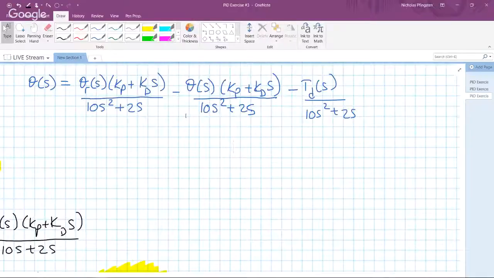So considering the disturbance, this becomes 0. And what happens is we'll have this.